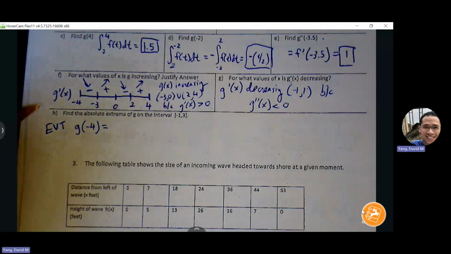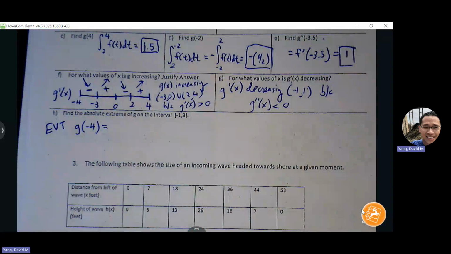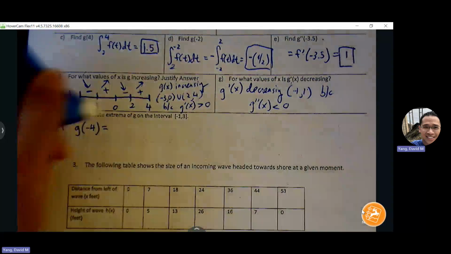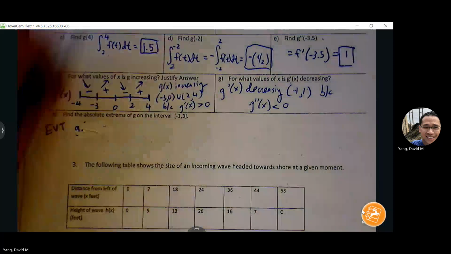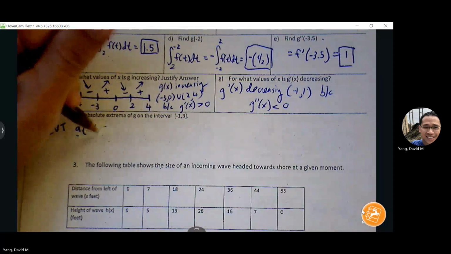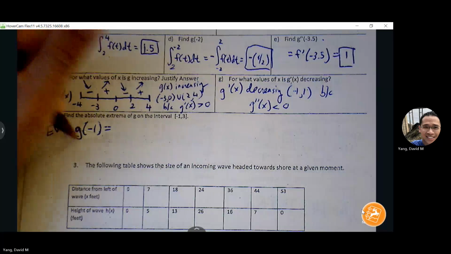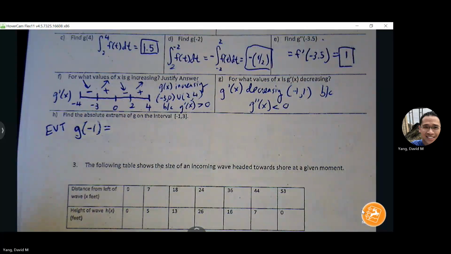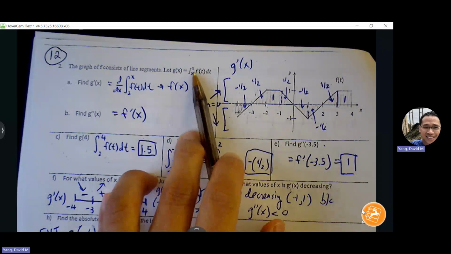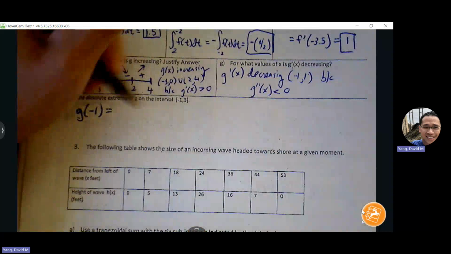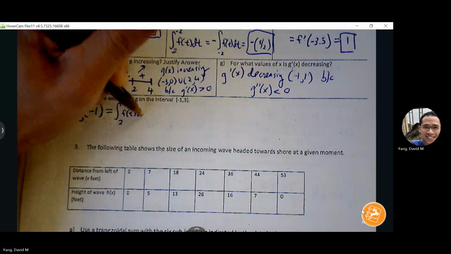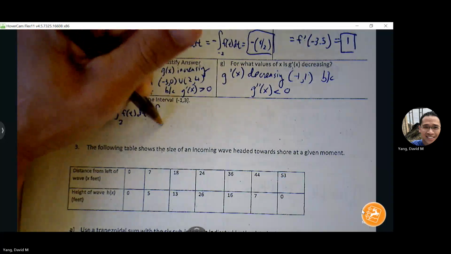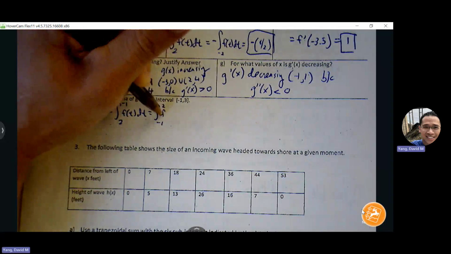Oh, sorry. Only going from -1 to 3. I was not looking at the original interval here. So -1, we go back to our definition here. -1 will be from 2 to -1, with the bounds.